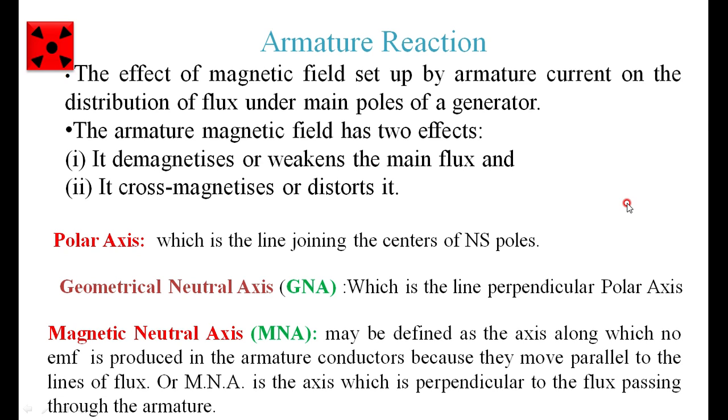What I mean is, the polar axis joins the N and S poles, the geometrical neutral axis is perpendicular to the polar axis, and the magnetic neutral axis is the axis perpendicular to the lines of flux. The same thing we have marked here: the first one is the polar axis joining N and S, and the second one is the geometrical neutral axis, which is perpendicular to the polar axis.